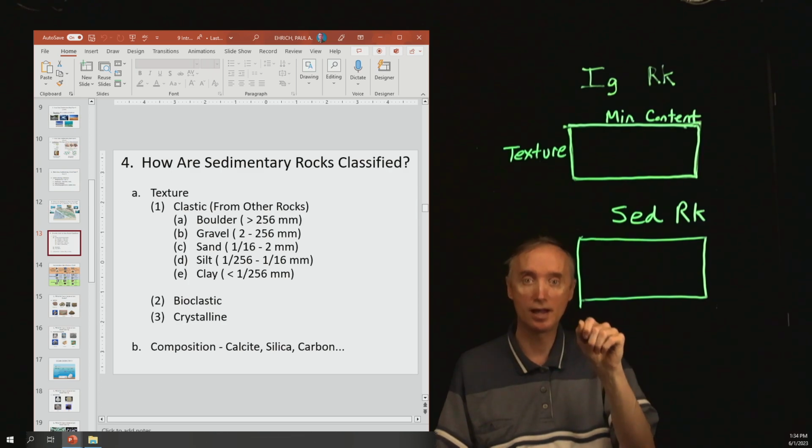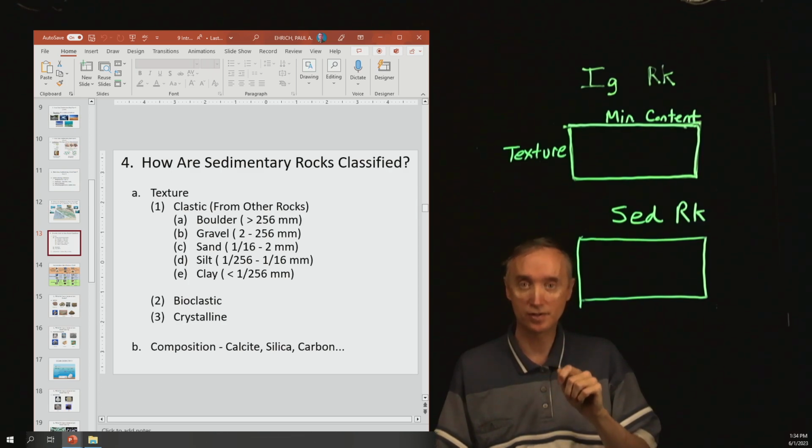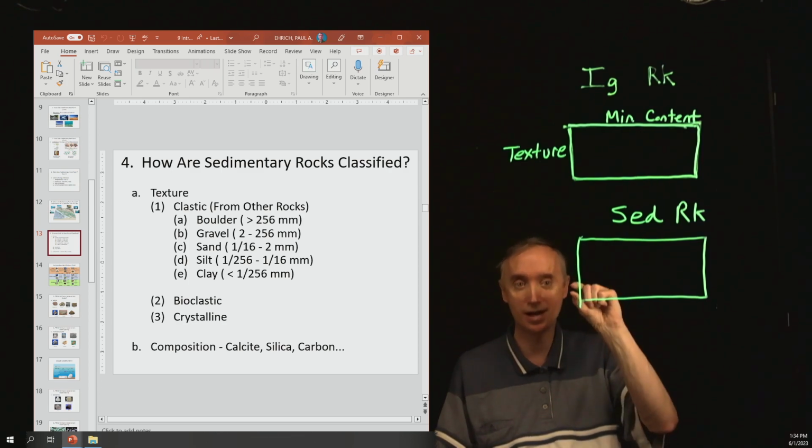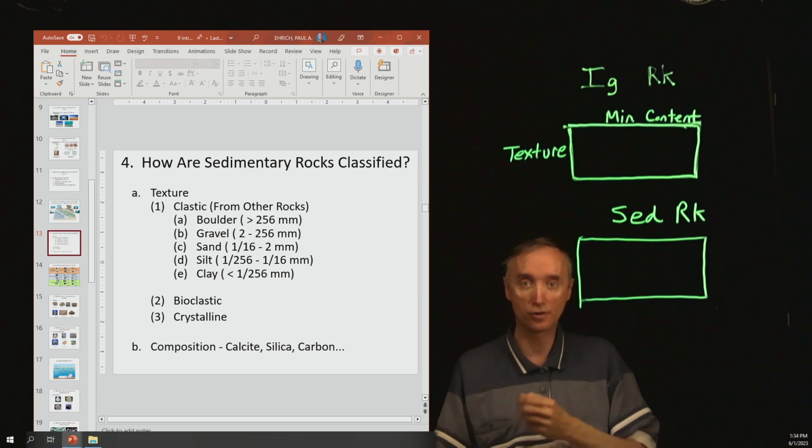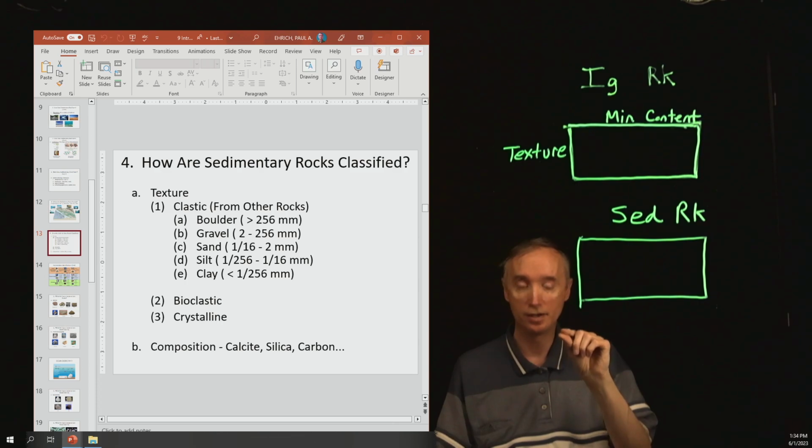Then when it comes to clastic textures, you can subdivide it based on the size of the particles that are being glued together. So it could be boulders that are glued together, gravel pieces that are glued together, all the way down to clay-sized pieces that are glued together.